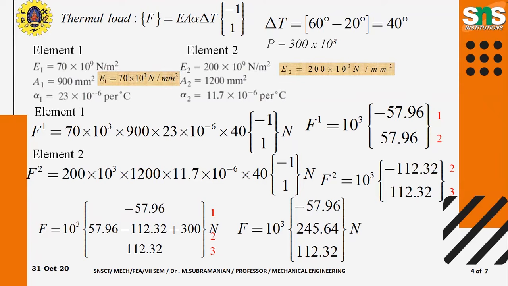We will get the final thermal load vector for element 1 as 10 power 3 times minus 57.96. We have to indicate the degrees of freedom or global numbers. So element 1 is connected with node 1 and node 2.